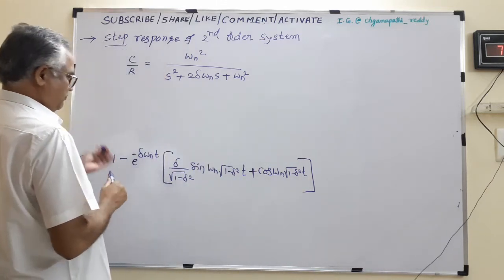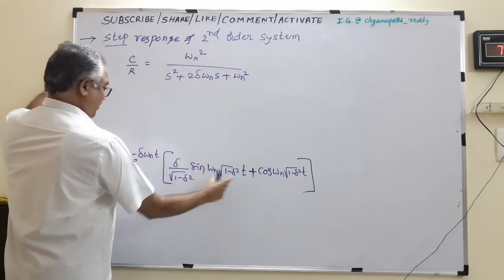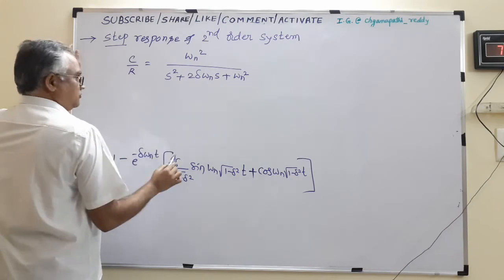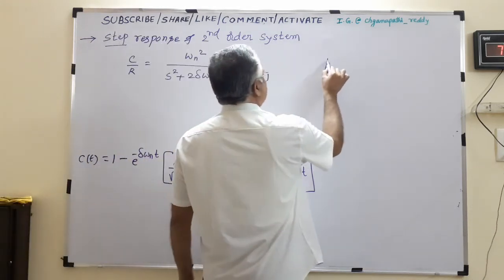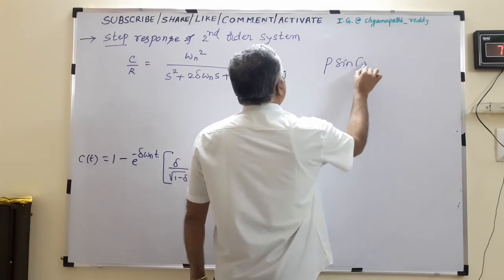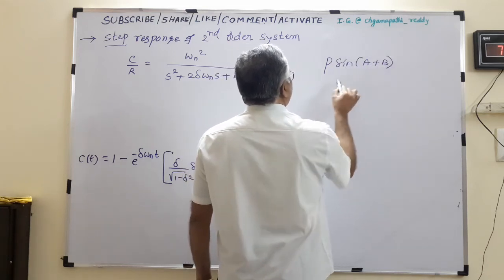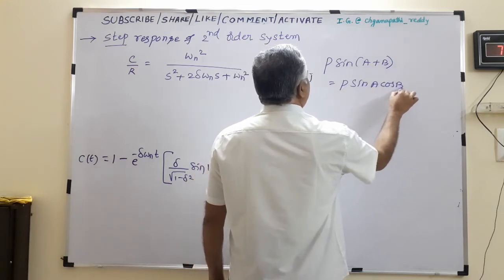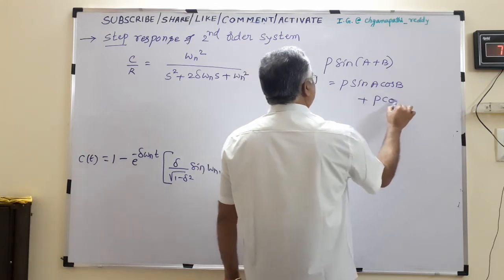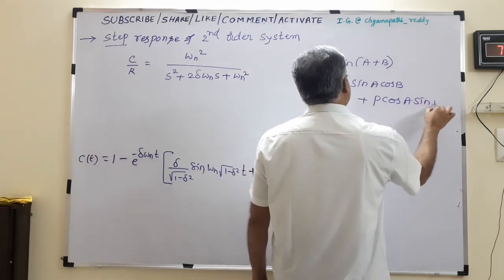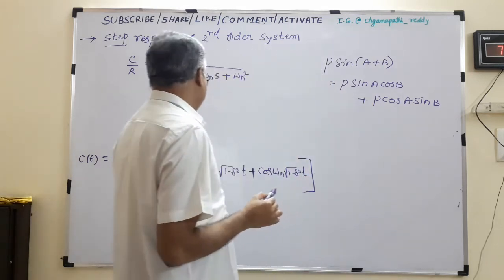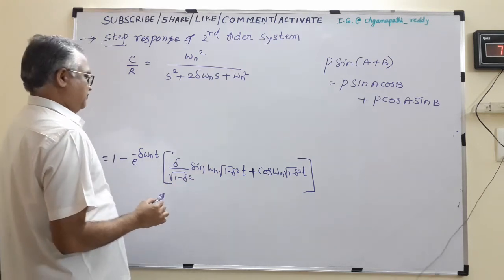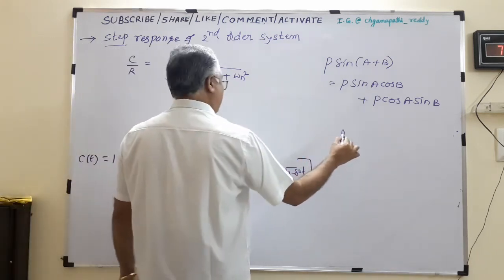Now further we have to simplify. Sin A cos B plus cos A sin B. If it is like some constant P, sin A plus B is equal to P sin A cos B plus P cos A sin B. If you compare, P sin A cos B, so what is P cos B?